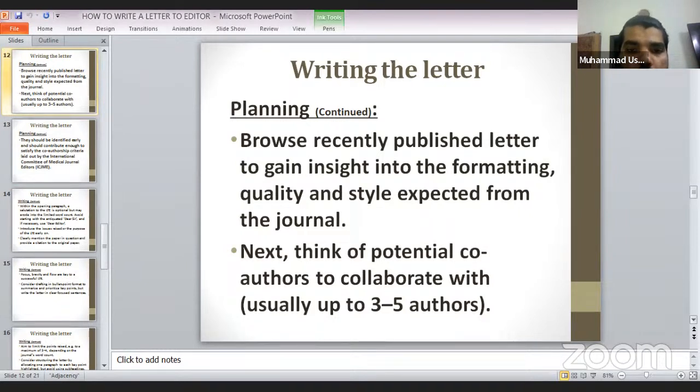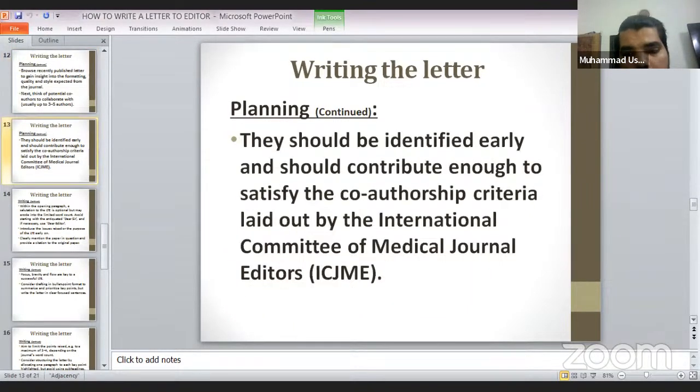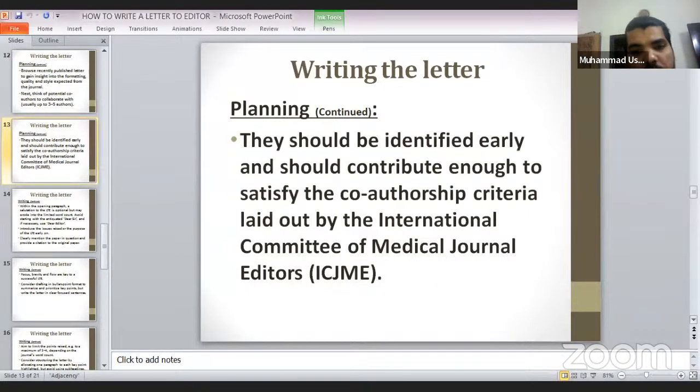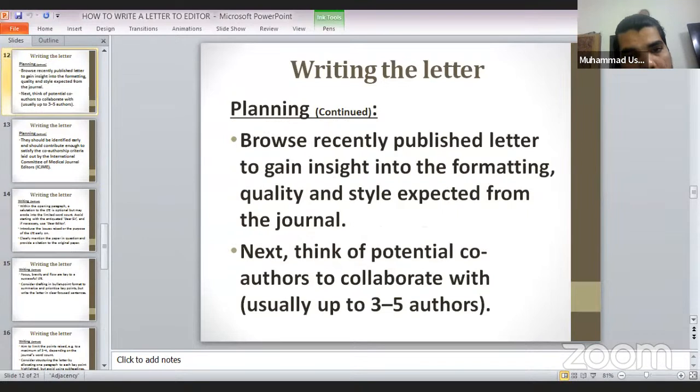You should collaborate with your co-workers or anyone you want to collaborate with, and then you can divide the workload, and this can make the whole process a lot easier, more convenient and effective, and you can perform this job in a shorter time and in a good manner. But you cannot incorporate a lot of collaborators or co-authors. Maximally, you can have 3 to 5 authors in a letter to the editor.